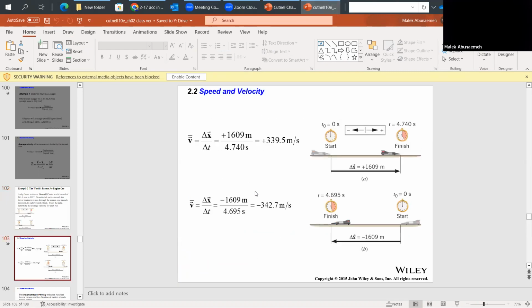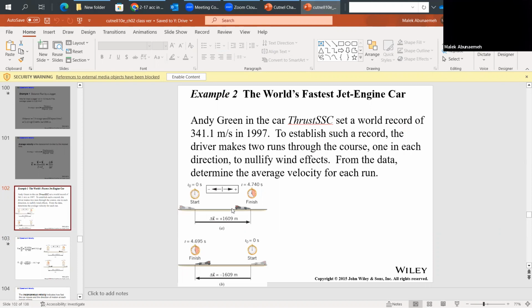So here's another example that we can actually use. Andy Green, the ThrustSSC driver, set the world record of 341.1 meters per second in 1997.